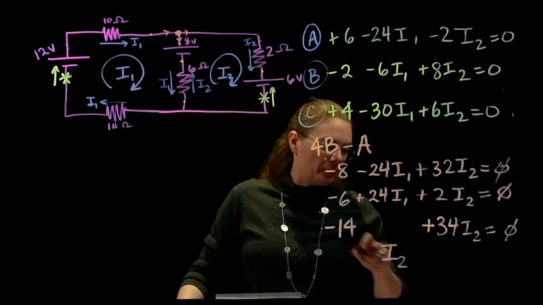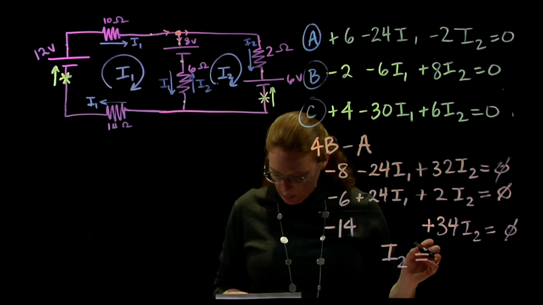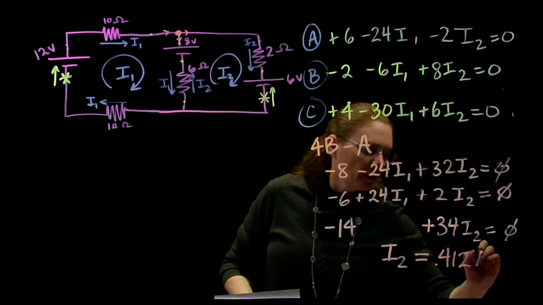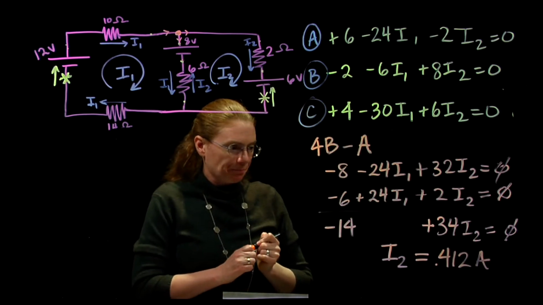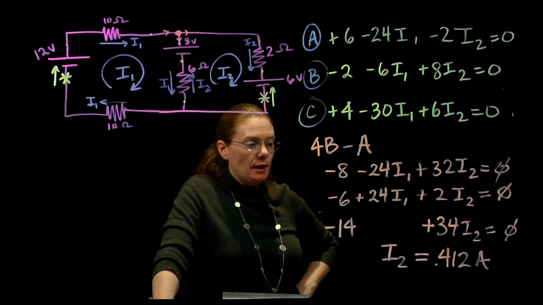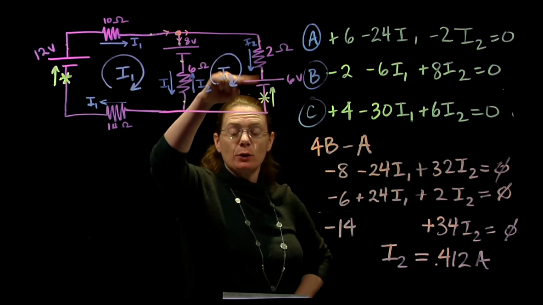So bring this over to the other side, divide 14 by 34, and you will get, what do you get? 0.412 amps. Okay, so we have a number for current number 2, the current in this loop.